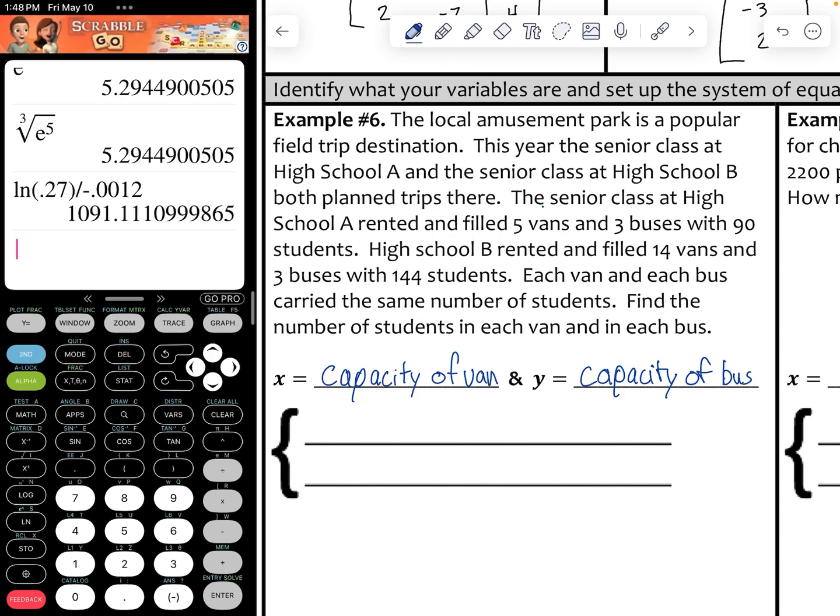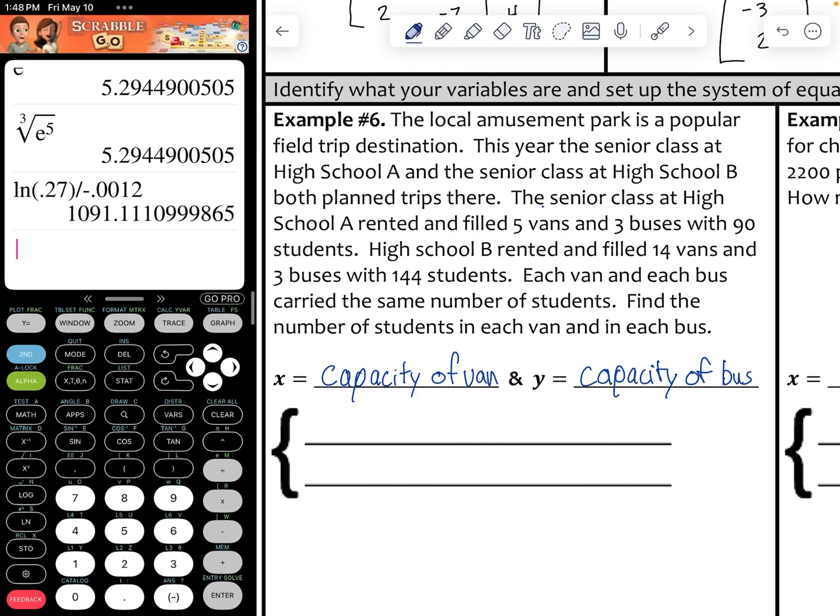When we "and" something, we're adding it. So the school A equation is going to be 5x, we had 5 vans, plus the 3y, and that equals the total number of students, which is equal to 90.